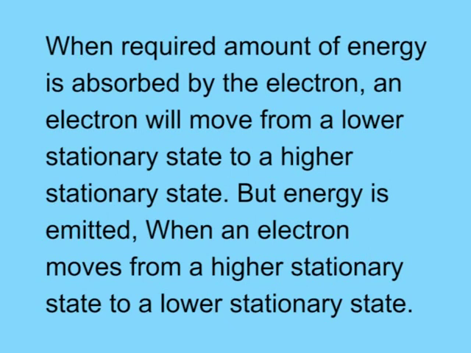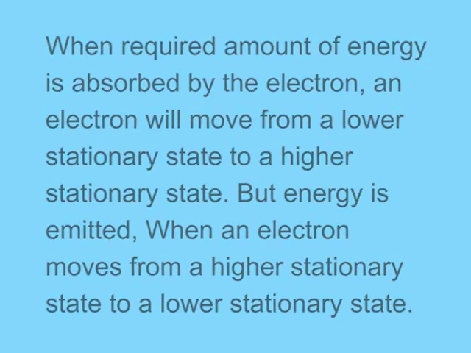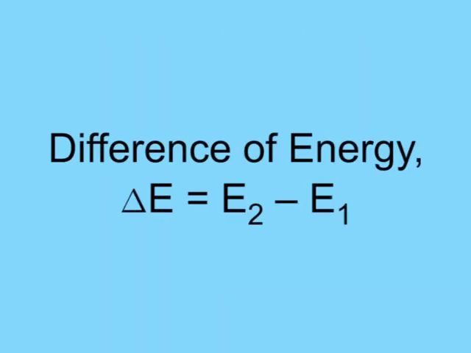But energy is emitted when an electron moves from a higher stationary state to a lower stationary state. And the difference of energy, delta E, is equal to E2 minus E1. Here, E2 is the energy associated with the higher energy level and E1 is the energy associated with the lower energy level.